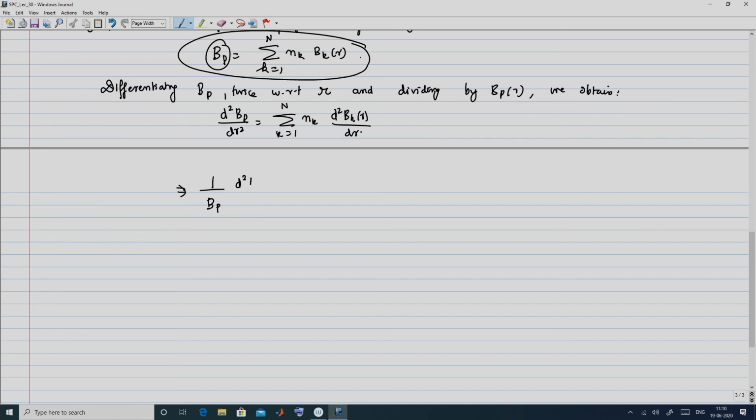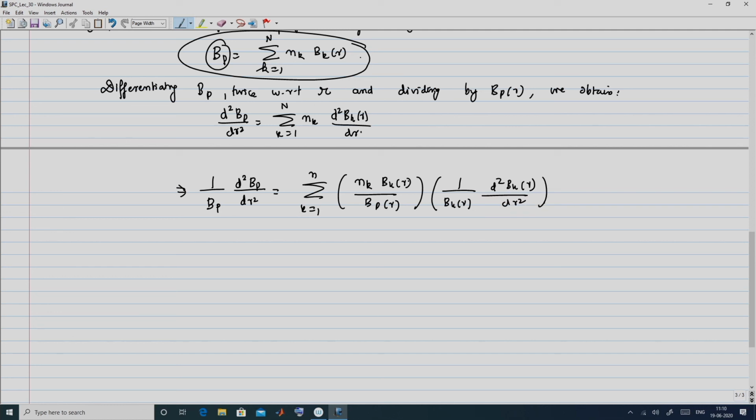So 1 over B_p d square B_p over dr square is going to be summation k equal to 1 to N of n_k B_k(r) divided by B_p(r), multiplied by 1 over B_k(r) into d square B_k(r) over dr square.